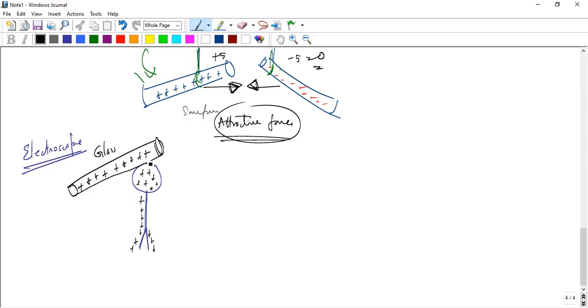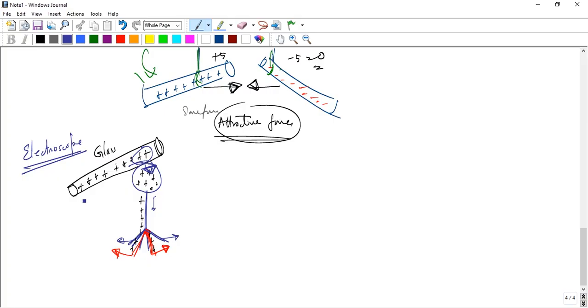Before that it was neutral. Now there is positive here and also positive here. These two positives create a repulsion, so they move back from each other. So the gold leaf now moves away. Before touching it was neutral; now the positive charge from the glass rod goes here, and this extra positive charge creates a repulsion. This gold leaf shows repulsion.